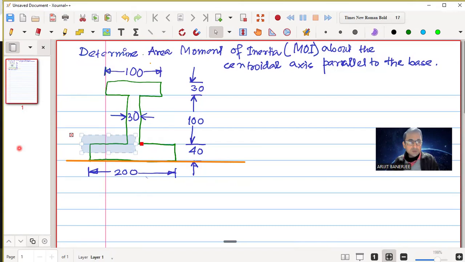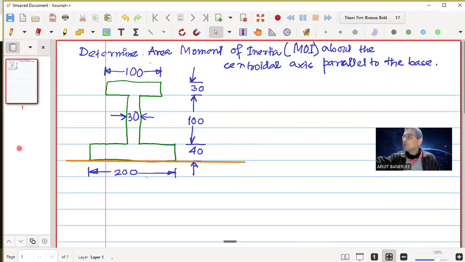What are the regular shapes? For example, rectangle, square, triangle, circle, semicircle, quarter circle. These are the known shapes for which we readily know the centroids. But for this composite figure, we do not know where the centroid is.